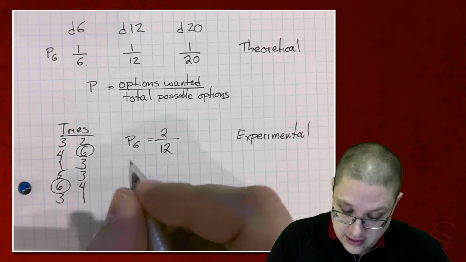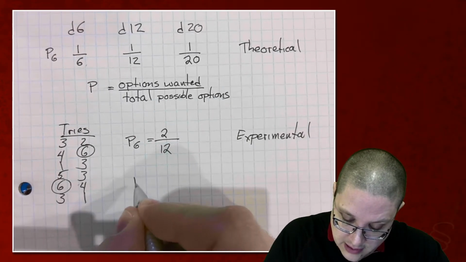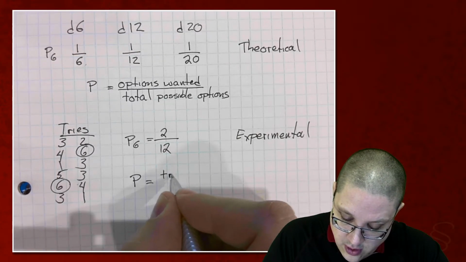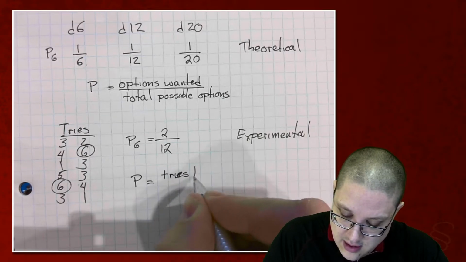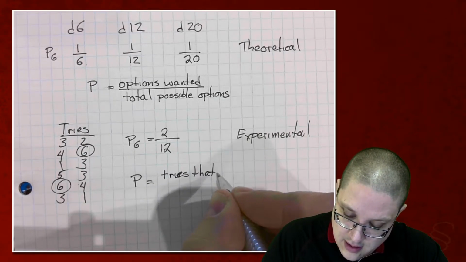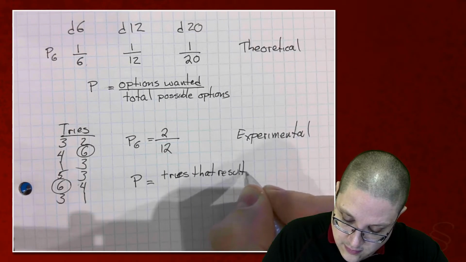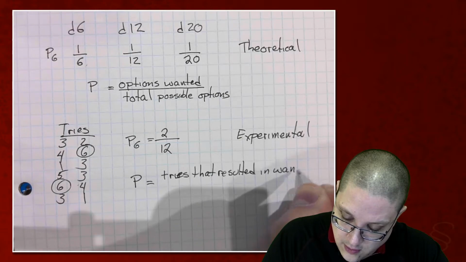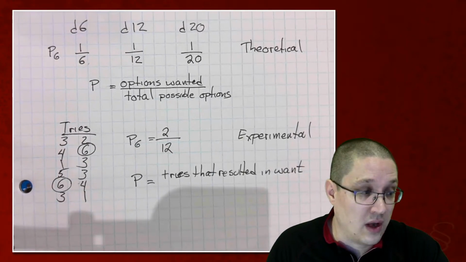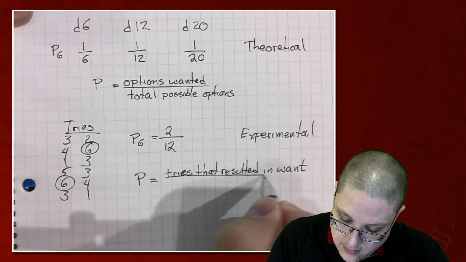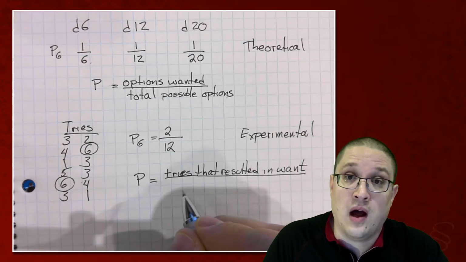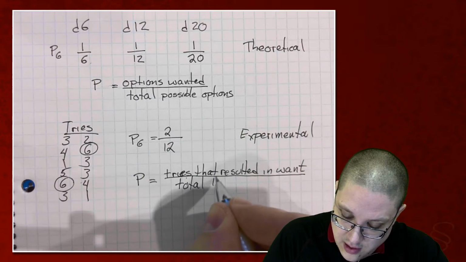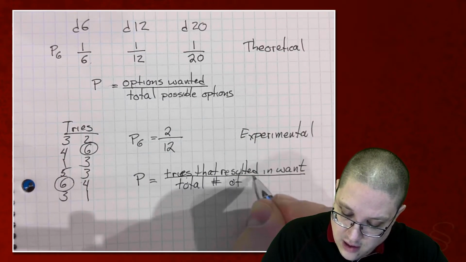So another way of writing this is my probability for experimental is the tries that resulted in the thing we want or the thing we're looking for, divided by or over the total number of tries.